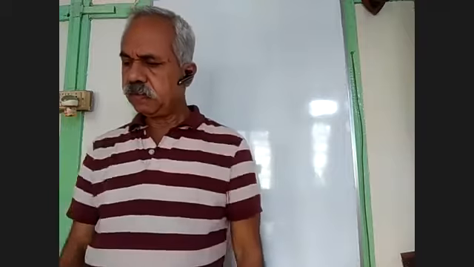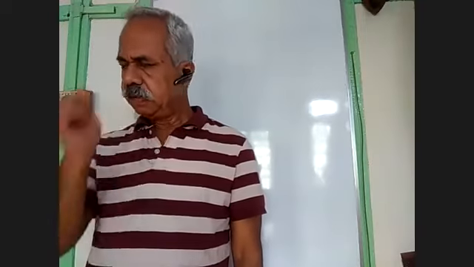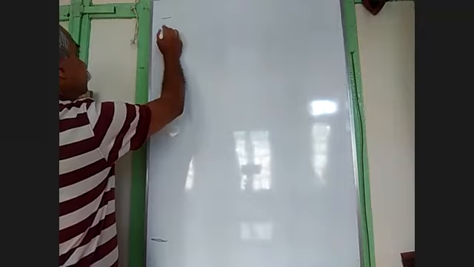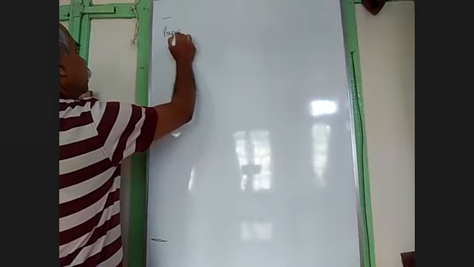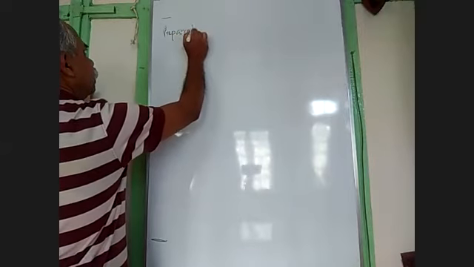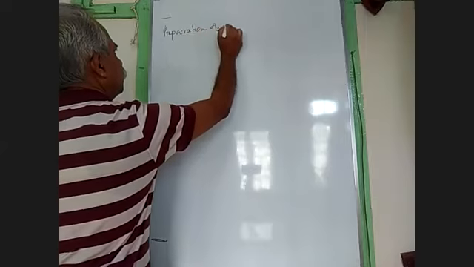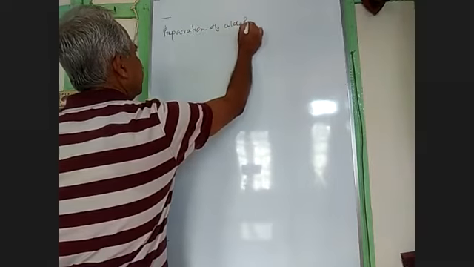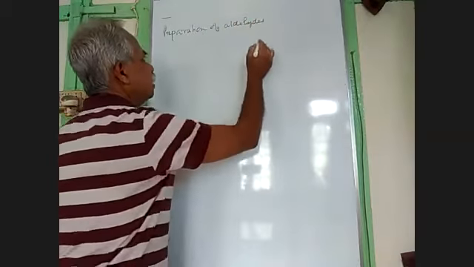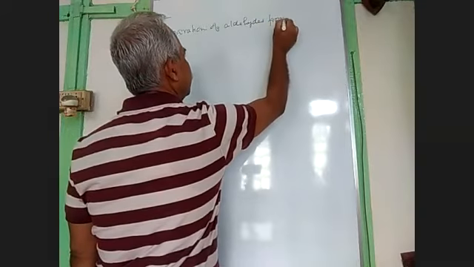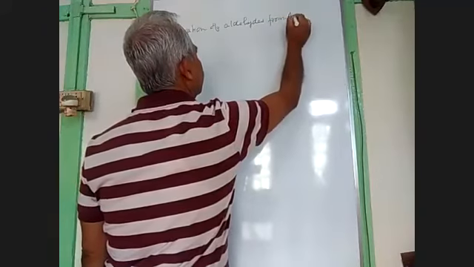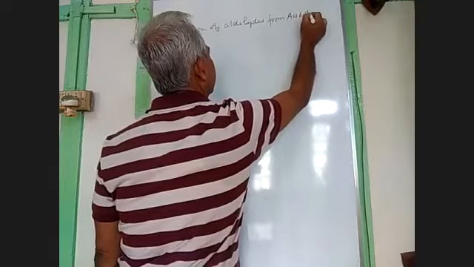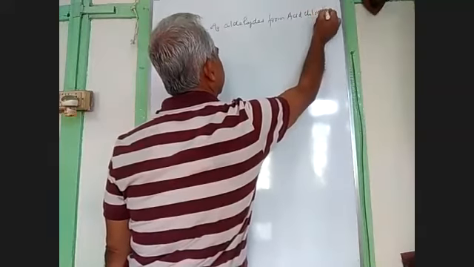Okay, now today I'm going to start a very, very important reaction. It is the preparation of aldehyde from acid chloride. This preparation of aldehyde from acid chloride is very important for your exam.